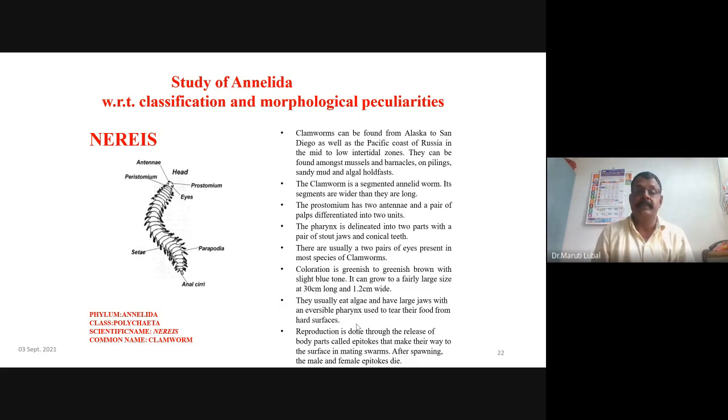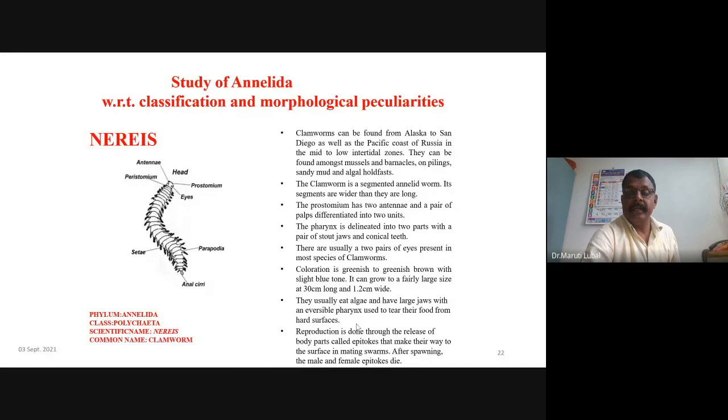The clam worm, that means Nereis, is a segmented annelid worm. Its segments are wider than they are long. The prostomium has two antennae and a pair of palps differentiated into two units. The pharynx of Nereis is delineated into two parts with a pair of stout jaws and conical teeth.